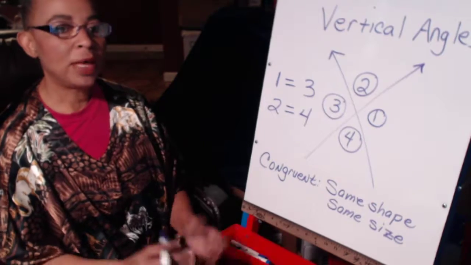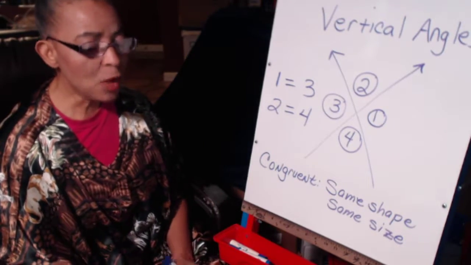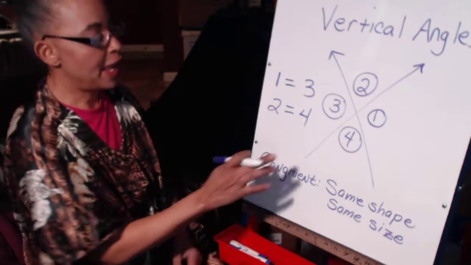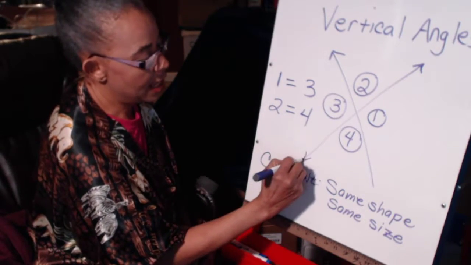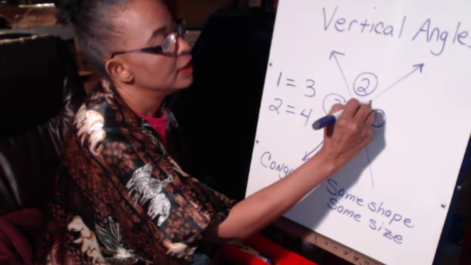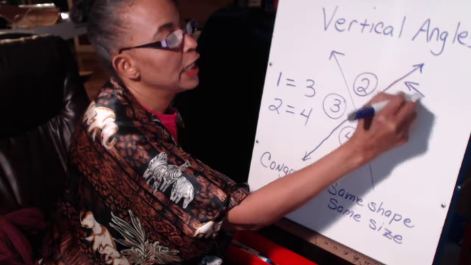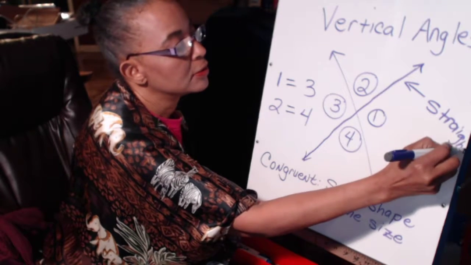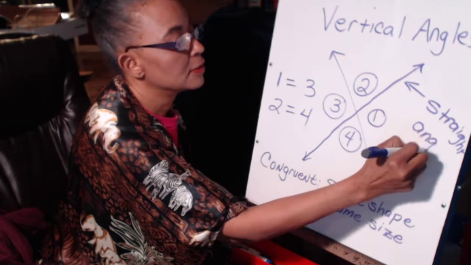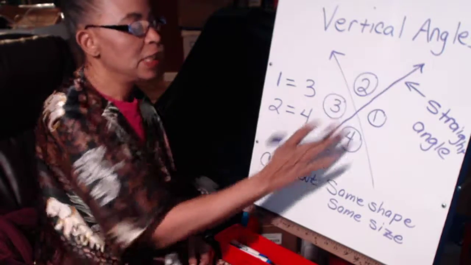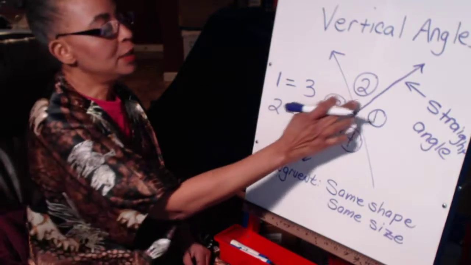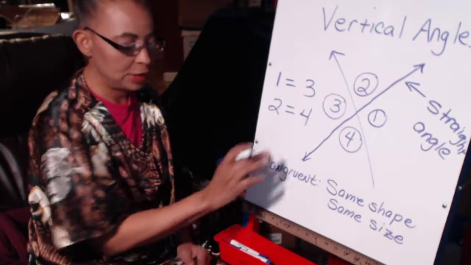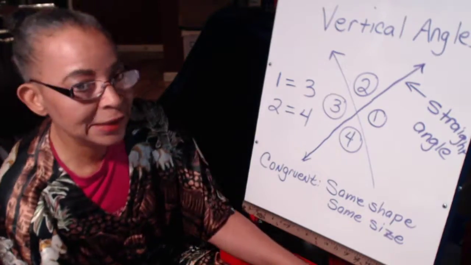But now, okay, what does that mean? Well, that really means we got to go back to what we learned before, that this entire line is considered a straight angle. So if this line is a straight angle, if we know one, we can determine the other ones. So let's see how we will do that.